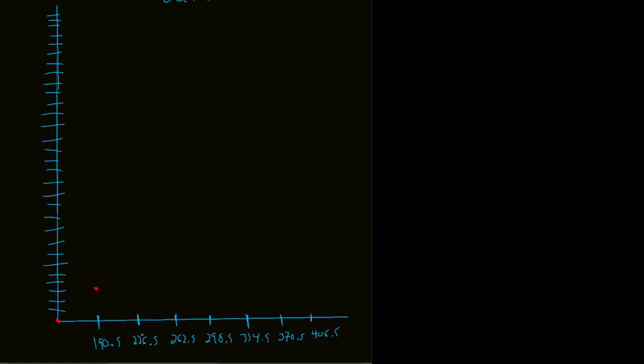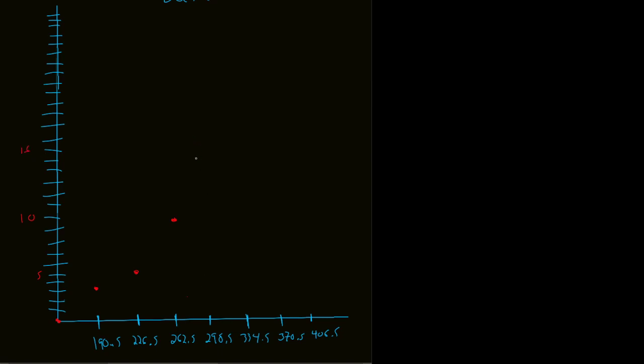So we'll put a point there. And then in the second class, our cumulative frequency was 5. So let's see, 3, 4, 5. And then in our third class, our cumulative frequency was 10. So that's 5, 6, 7, 8, 9, 10. There's 10. So we're up to here. And then in our cumulative frequency in the next one was 16. So 10, 11, 12, 13, 14, 15, 16.